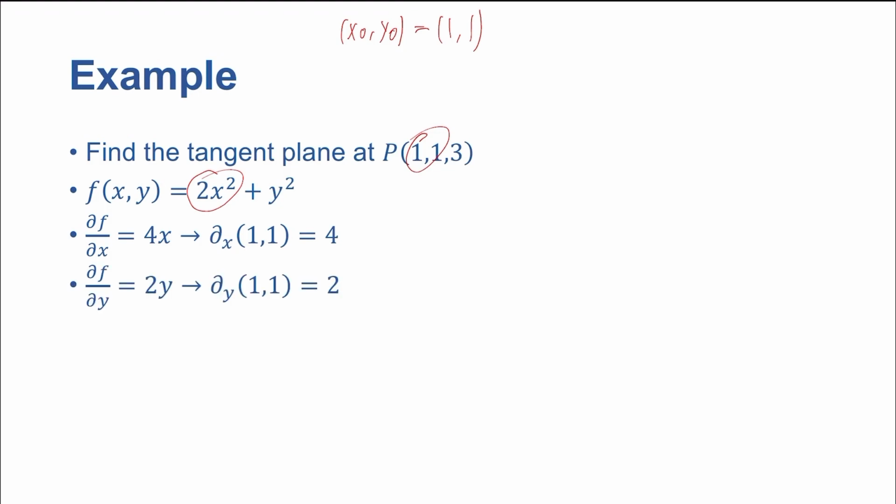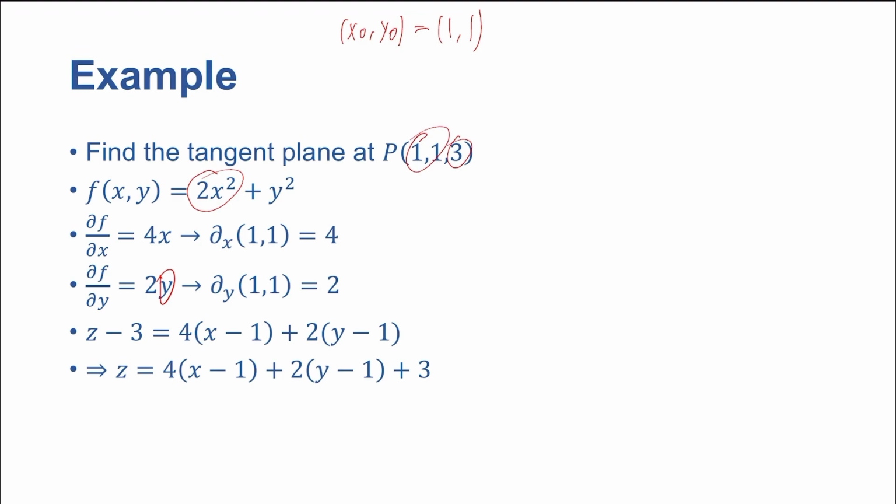Then, if I take my partial derivative of f with respect to y, I get 2y. If I take the partial derivative at 1, 1, then I will get 2, because I just plug in 1 for the y there. So now we just need to plug it into our formula, and what we get is z minus z naught is 3, z minus 3 equals 4 times x minus 1 plus 2 times y minus 1.